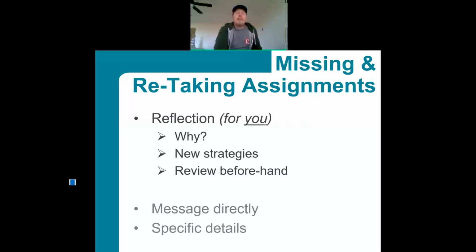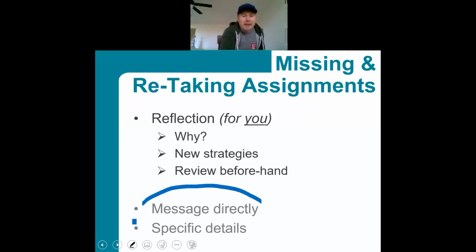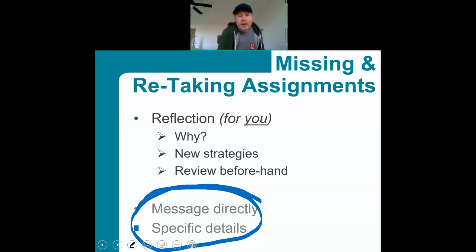As always, for missing assignments or retaking those, I'm totally happy to facilitate that. You just have to message me directly with the specific details of which assignment we're talking about. I encourage you to have a good strategy if you're retaking an assignment.